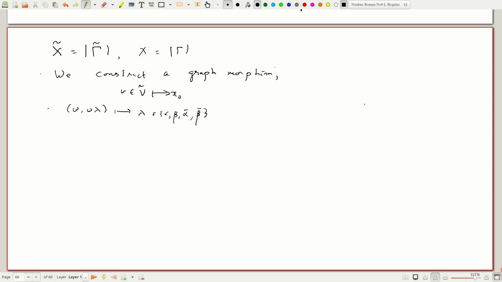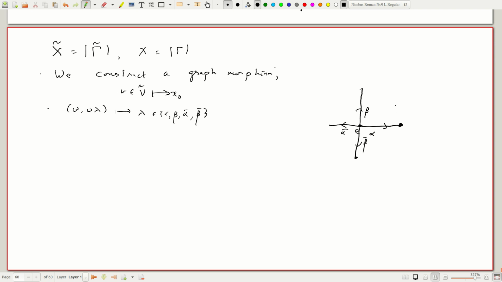So again in our graph picture, we have the edge vertex E. All the vertices are going to map to the origin. Here's alpha, here's beta, here's alpha bar, and here's beta bar.